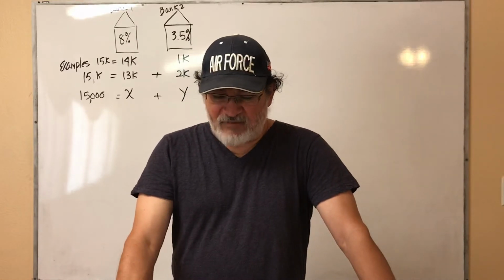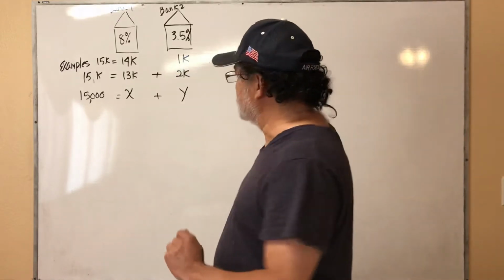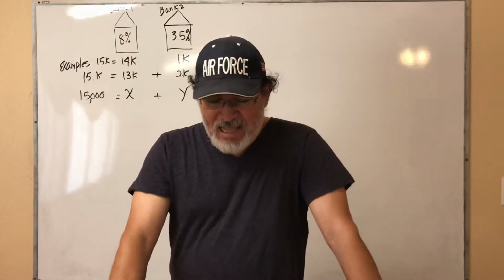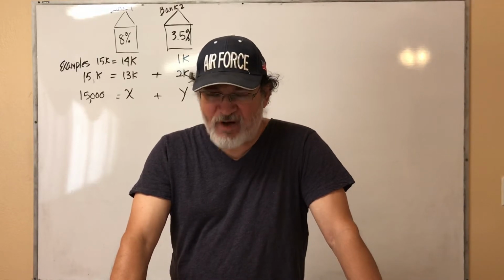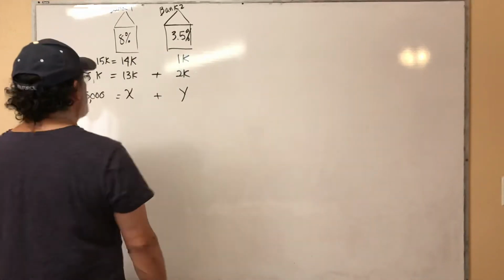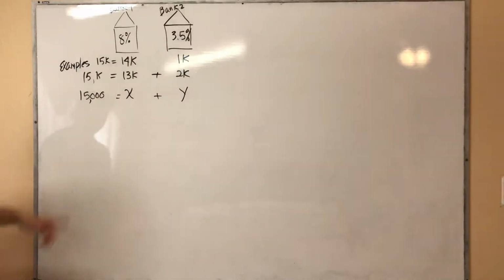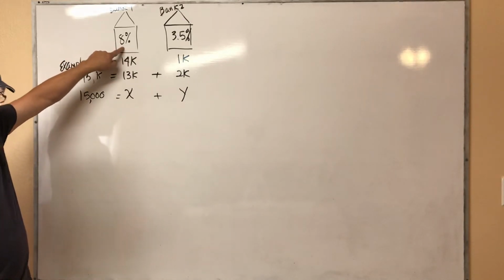It also says if the annual interest earned from the two accounts is 840. Okay, so how do you earn interest? Well, let me tell you how to earn interest at the 8%.